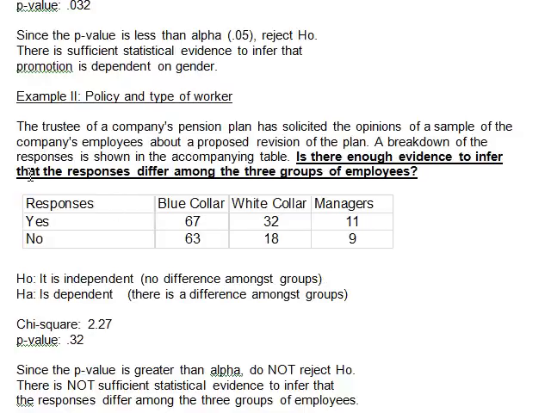So is there enough evidence to infer that the responses differ amongst the 3 groups of employees? We have responses yes and no, and blue collar, white collar, and managers. The null hypothesis is that it's independent of group, or that there's no difference amongst the groups. And the alternative is that it's dependent amongst groups.